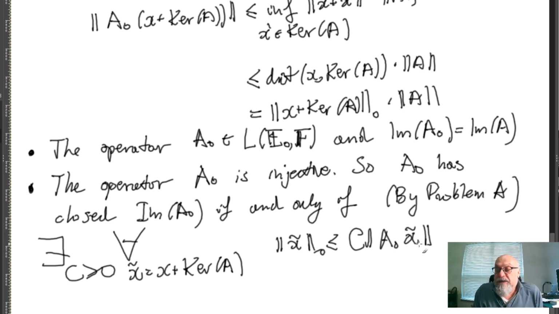Now, we just simply translate this condition to the condition that we had.